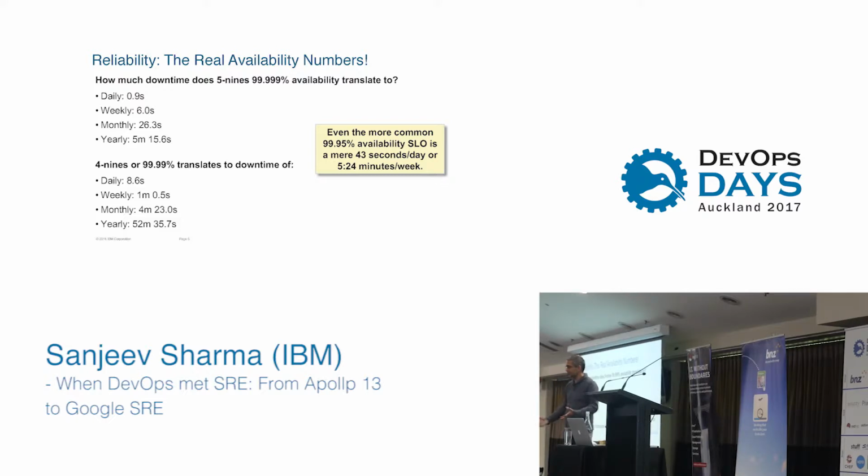If I lose 3 days' worth in one day, I'm now 3 days behind already. So a very unique way of looking at availability numbers. But these numbers make you realize how tough the job is in today's high availability and high reliability world to maintain services which can return these kinds of availability.